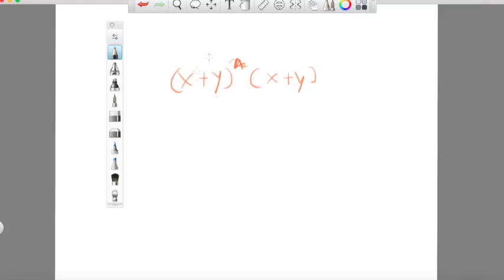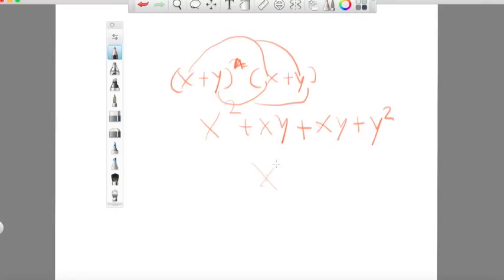We do the same thing: x squared plus xy, and then we add y times x and xy plus y squared. So we have x squared plus xy plus y squared. No, actually 2xy. I got that wrong. Sorry.